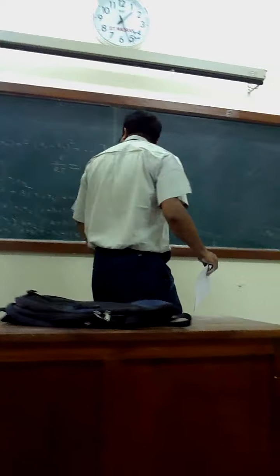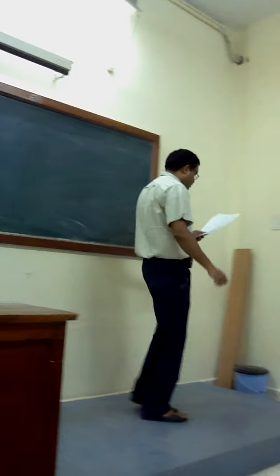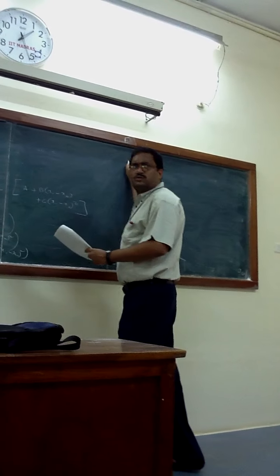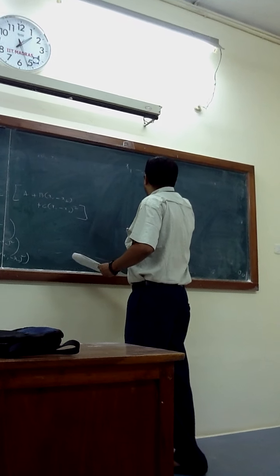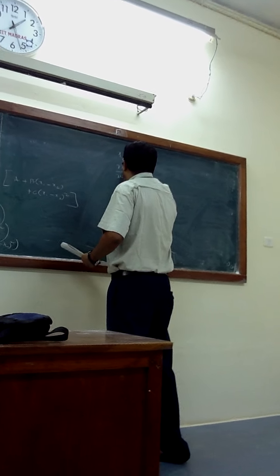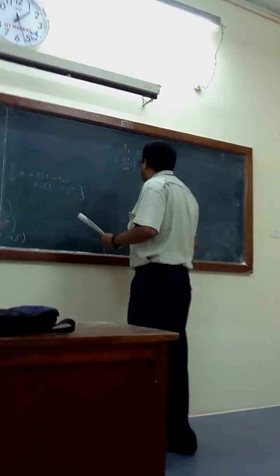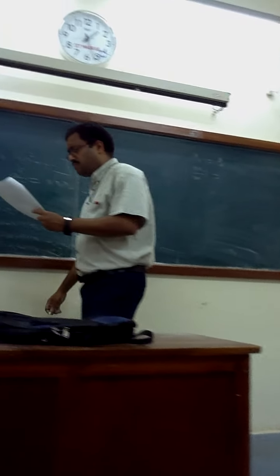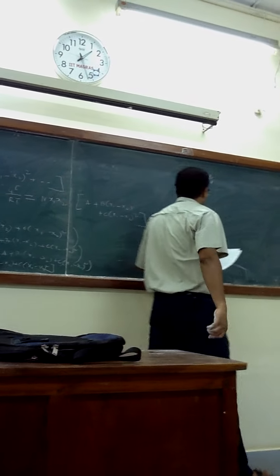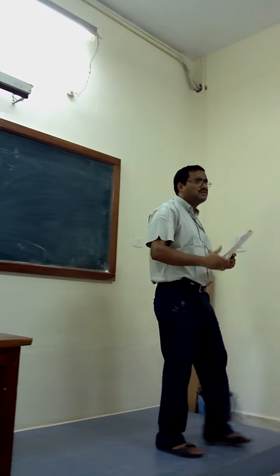Dou x1 by dou n1, where x1 and x2 are functions of n1. What is that? x1 is n1 by n. No, that's what we need to convert. Dou x1 by dou n1, right?